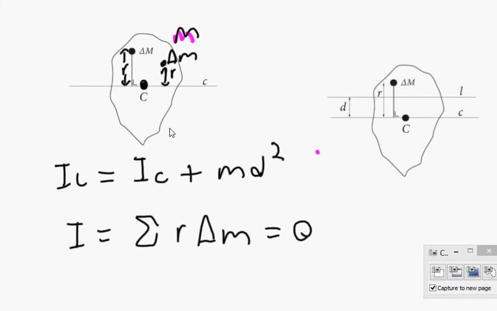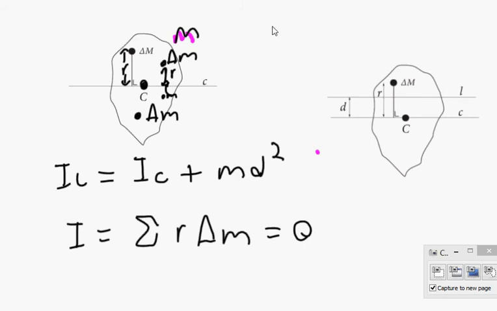If your axis goes through the centre of gravity, then the sum of all the moments balances out. If I had another delta m down here, and another delta m down here, they will balance out and equal 0. There will be anti-clockwise moments and clockwise moments, and all of them will end up being 0.